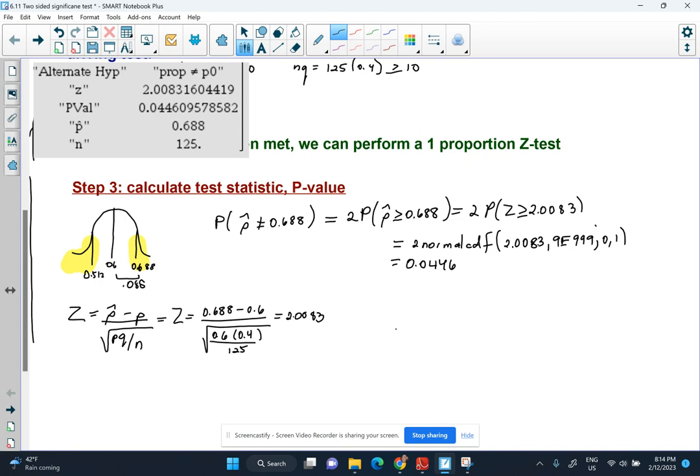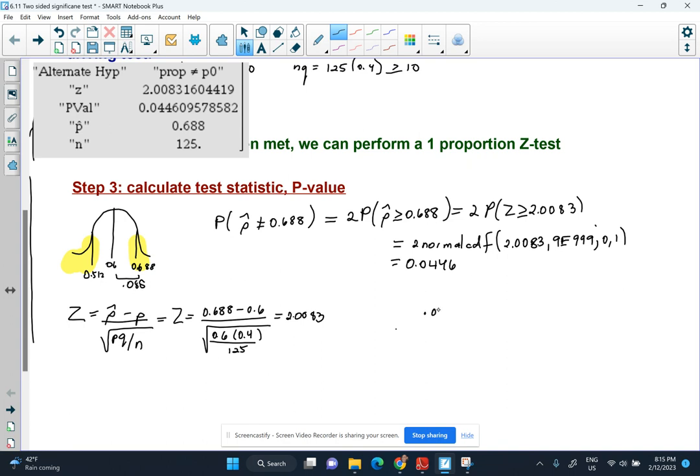There's a method to my madness, and as we go through multiple choice questions, you'll understand my rationale. Okay. The next thing we do is step 4. We have to determine whether or not our results are significant.